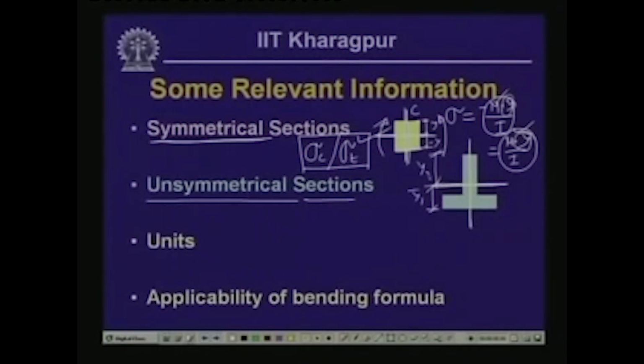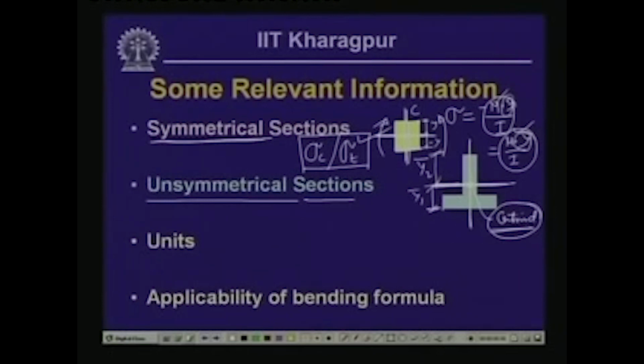But this is the location of the centroid of the cross section. So, first we locate the position of the centroid for a section, and as we have seen, if there is no axial force in the beam, then the neutral axis must pass through the centroid.